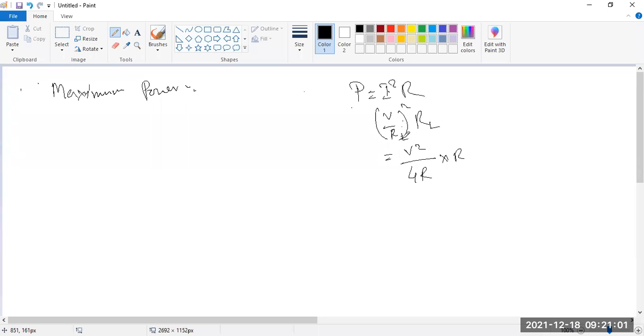If this is RTH, then it is RL, but RTH and RL are equal. So we can say this is R, this is R, R square. So you may say that is V square by 4R. Okay, so this is the things.